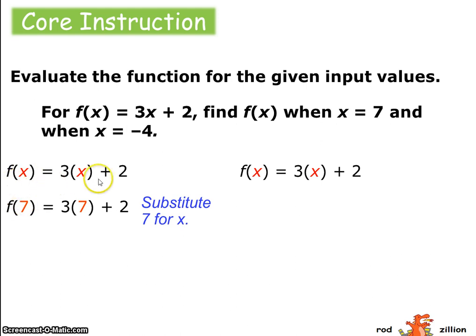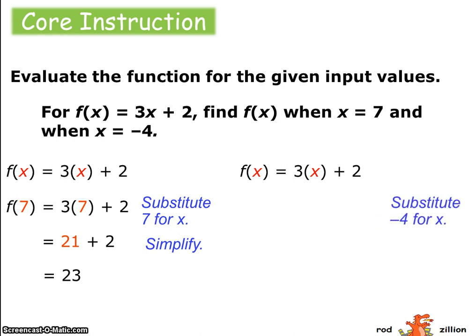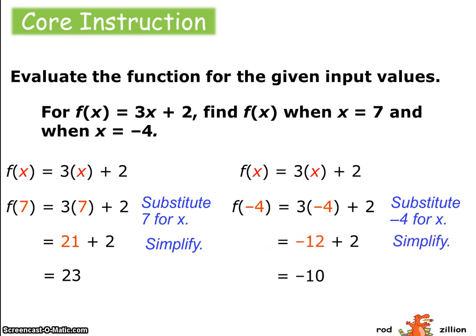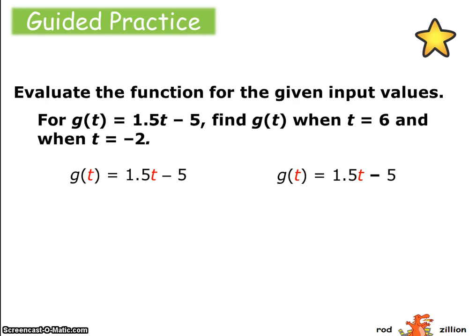So if f of x equals 3x plus 2, then f of 7 equals 3 times 7 plus 2, which is 23. Likewise, f of negative 4 equals 3 times negative 4 plus 2, and the value of that function when x is negative 4 is negative 10.